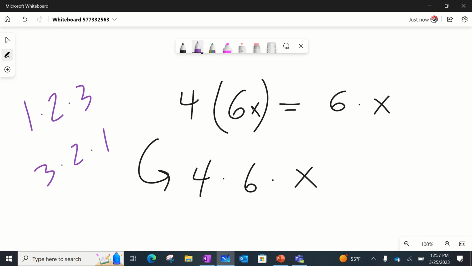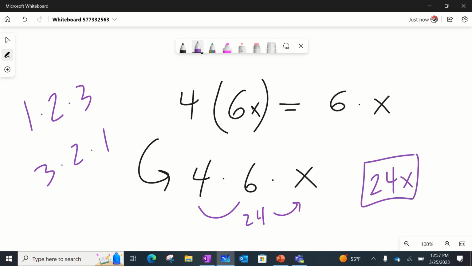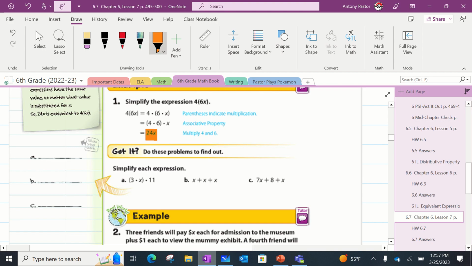It will equal the same thing. So I can do 4 times 6, which is 24, times x, which would be 24x. This is still saying 24 times x, but because we don't know what x equals yet, we can't solve it. So basically, we want to simplify that and just say that it's 24x.